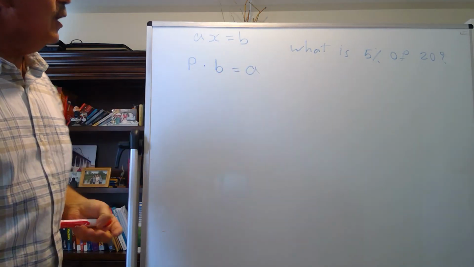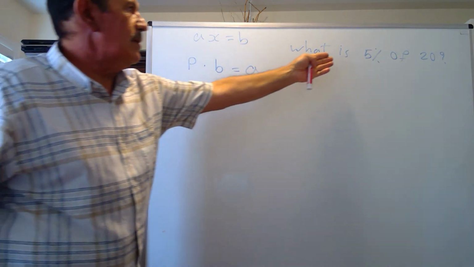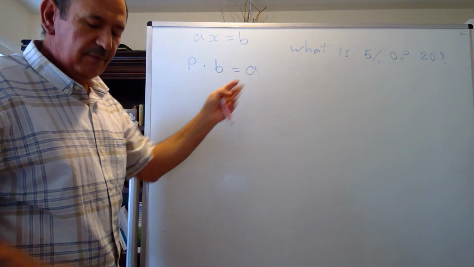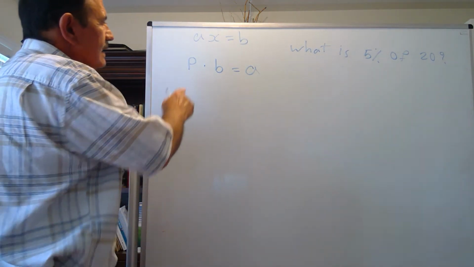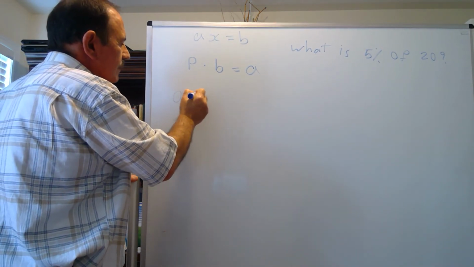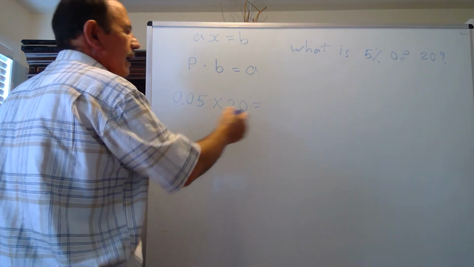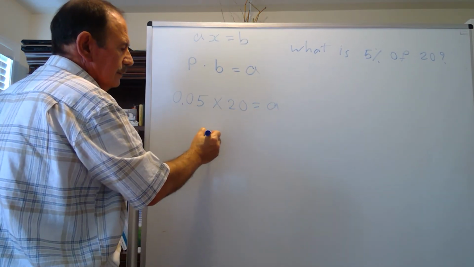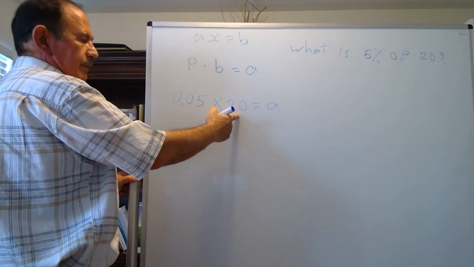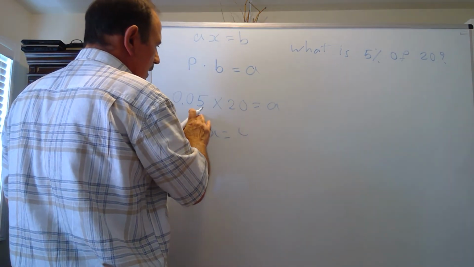In this case we are looking for the amount. 5%, so percent is 5%, we should convert it. 5% of 20 is the amount. And how much is the amount? 5% multiplied by 20 is 4.